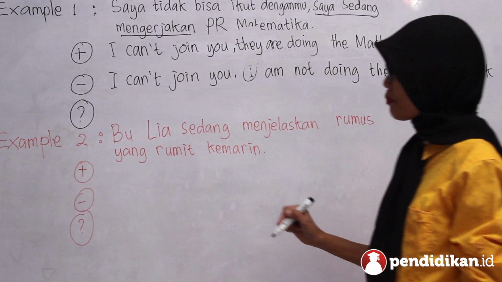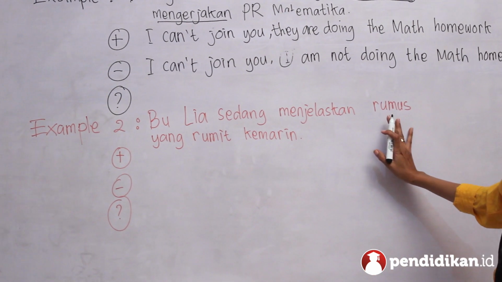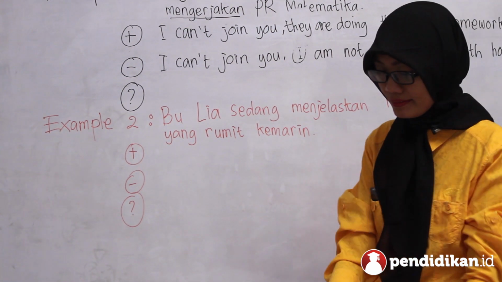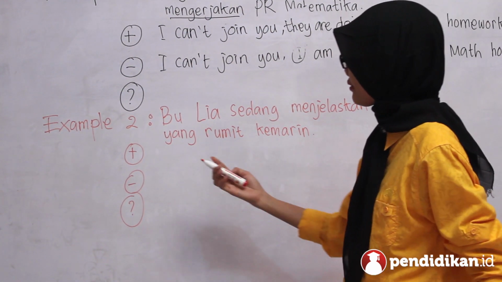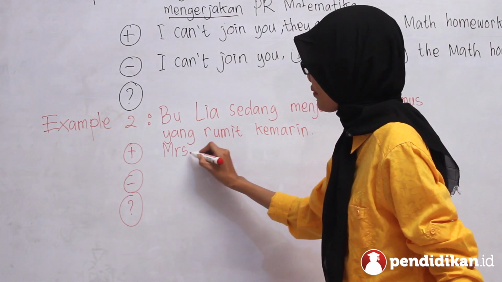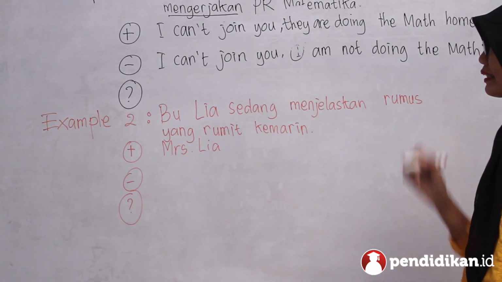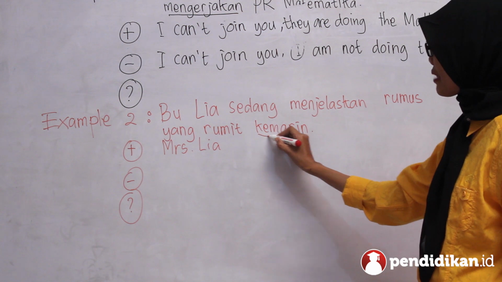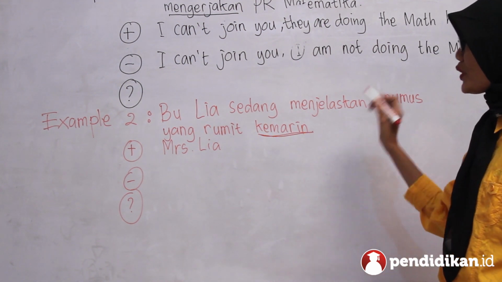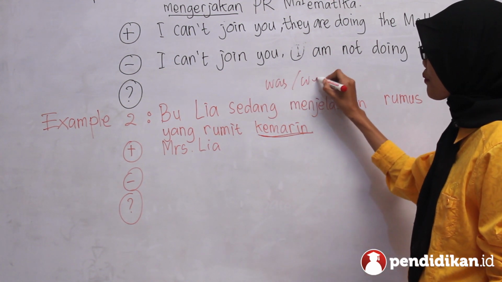Now we move to the example number 2. Bu Lia sedang menjelaskan rumus yang rumit kemarin. Bu Lia, Mrs. Lia, let's see, kemarin, so it happened in the past. You have to remember between was or were.